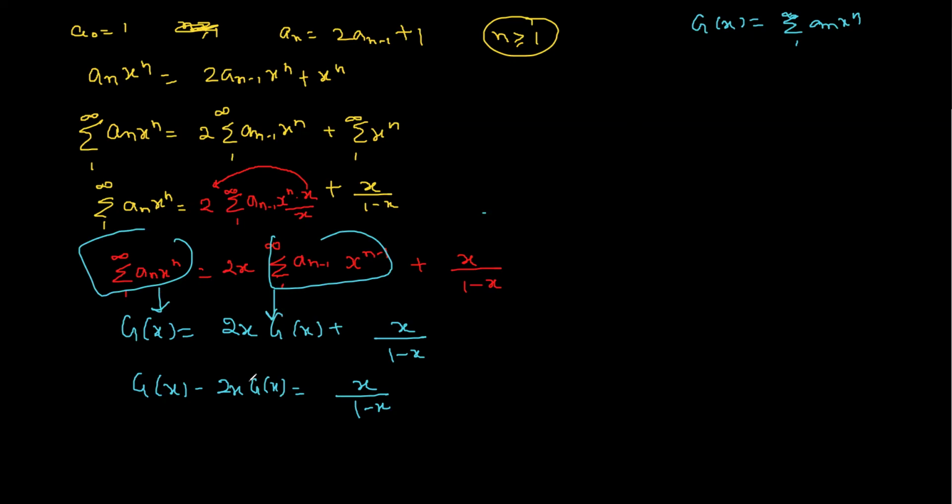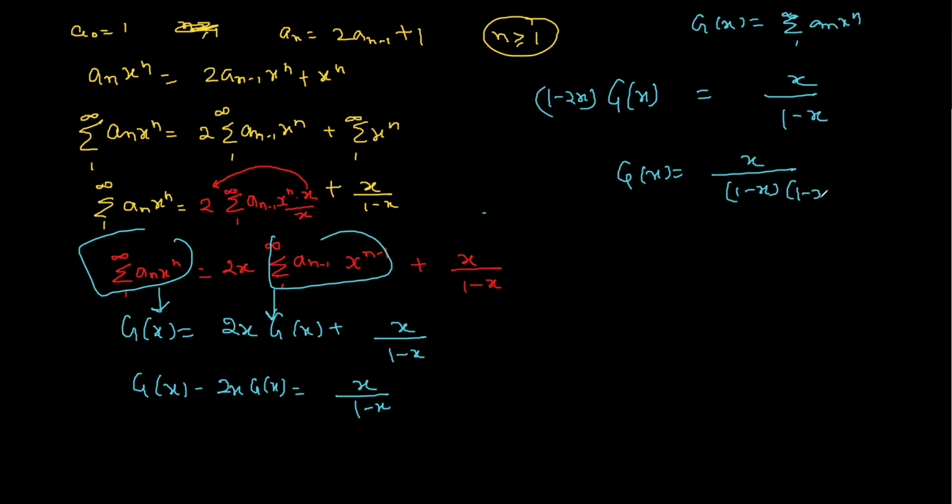Now I took 2x gx on left hand side. Take gx common. When you take common, you will get out 1 minus 2x, x upon 1 minus x, right? 1 minus 2x. Up to here you understood? First write up to here.